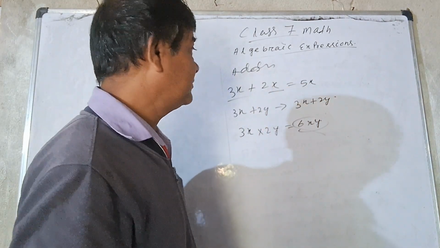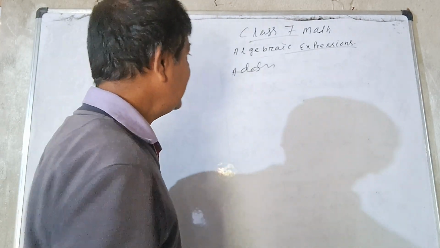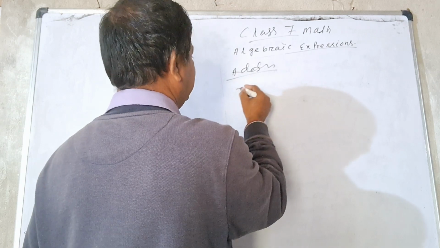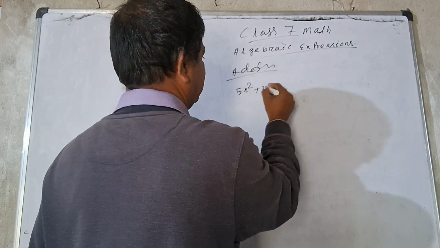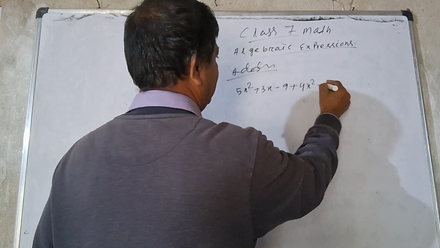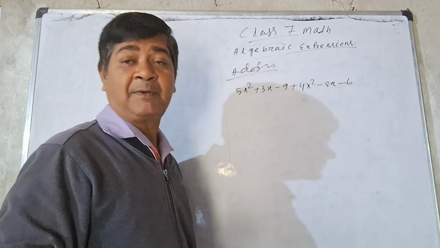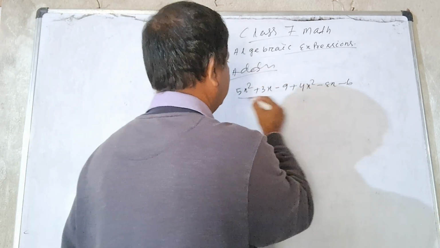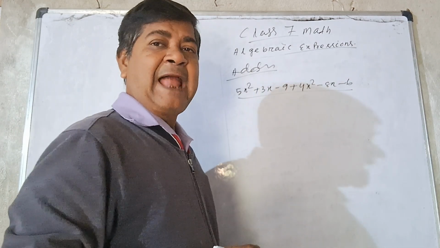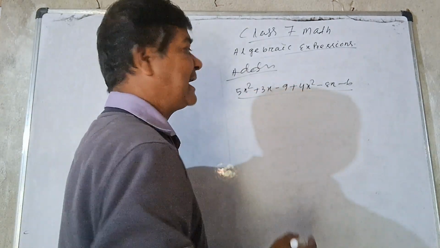Suppose the expression is 5x square plus 3x minus 9 plus 4x square minus 8x plus 6. How can we add this? First, group the like terms.